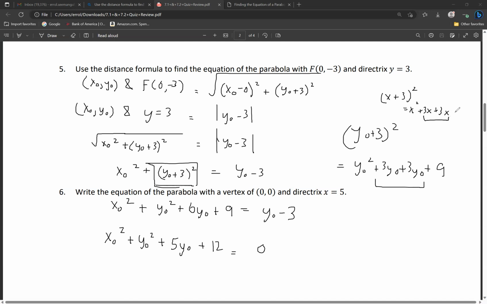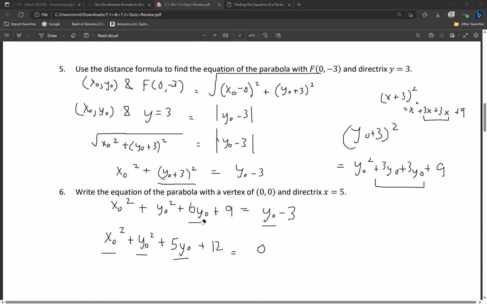This is your 6x right here, plus 9. So if you square out this term, you get y0 squared plus 6y0 plus 9. Then you just simplify. x squared is this x squared. y0 squared is this y0 squared. 6 minus this 1 will be 5. And then 9 plus 3 will be the 12.